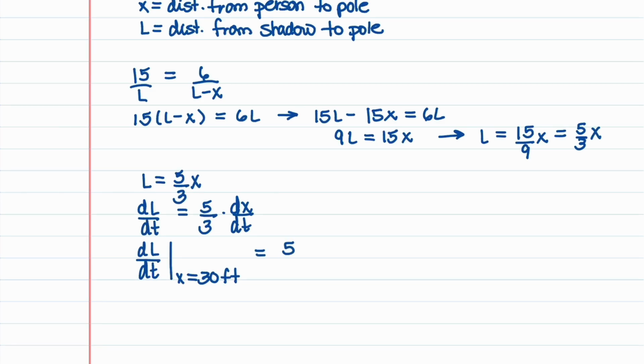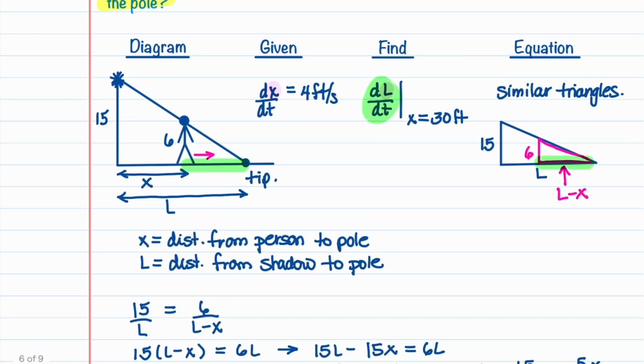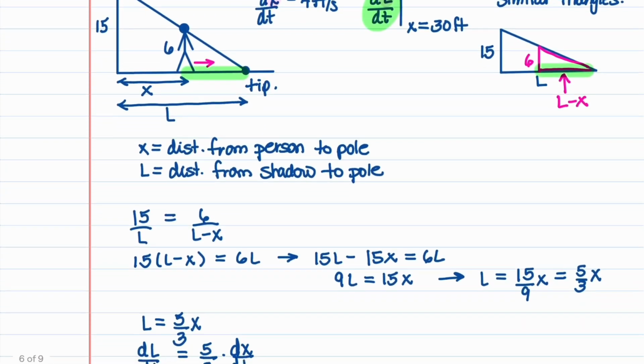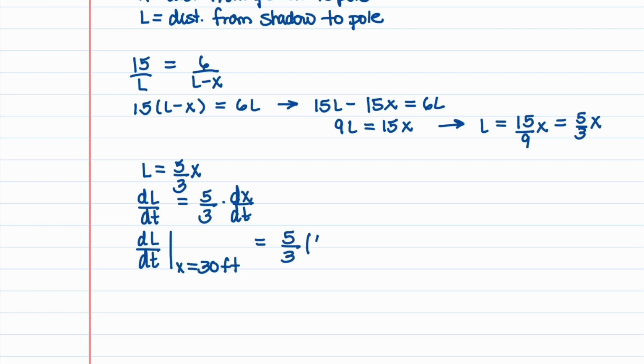So this is 5/3. Going back up once more, dx/dt is 4 feet per second. So this gives us an answer of 20/3 feet per second. So we can now say that the tip of the person's shadow is moving at a rate of 20 divided by 3 feet per second.